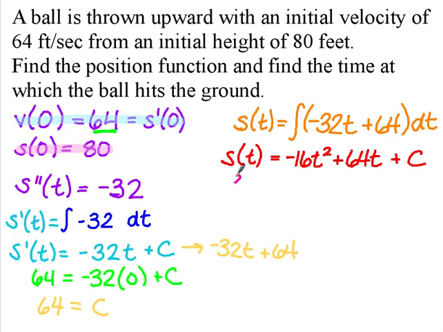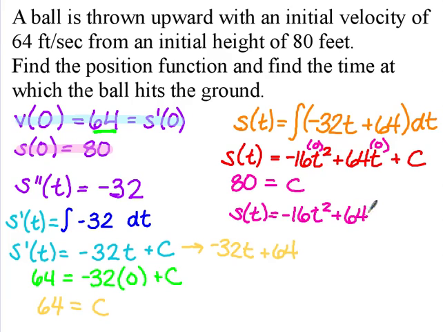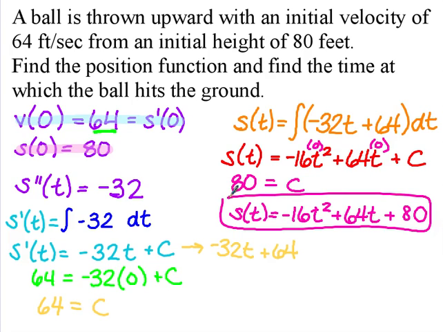So I'm going to plug 80 in here, and then I'm going to plug in what for t? 0. So I'm going to plug 0 in here, 0 in here, and what do you get c to equal? 80. So your position function, s of t equals negative 16t squared plus 64t plus 80. So that's your first answer. Okay, that's the position function.